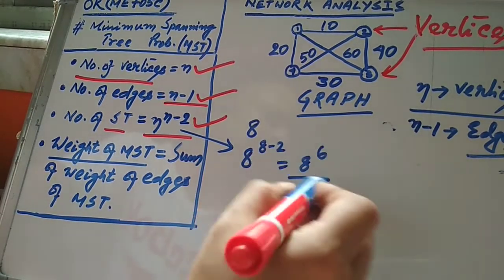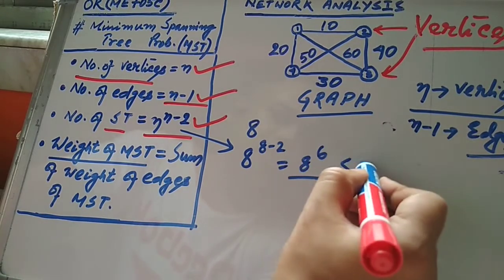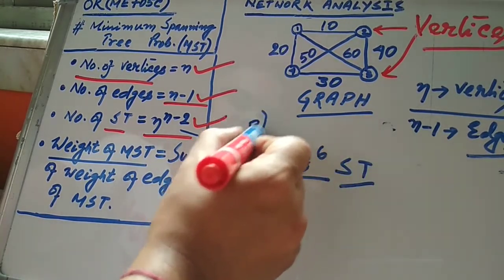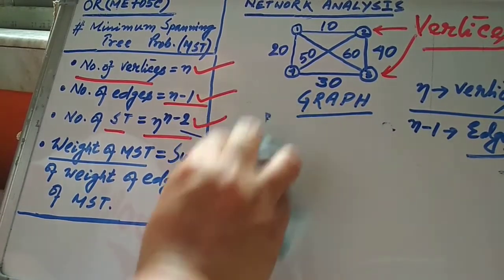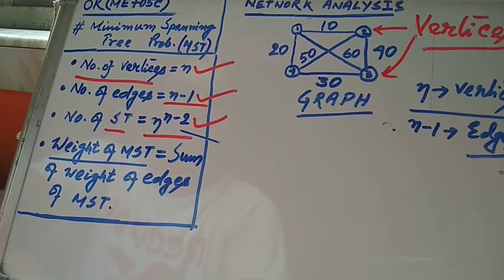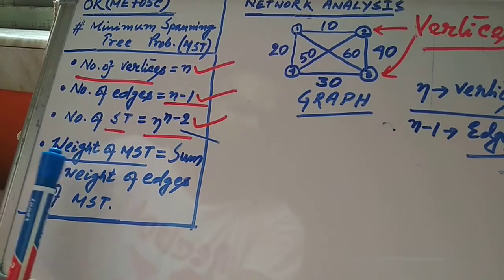So 8 to the power 6 possible spanning trees are coming out if you have a network of 8 vertices. Is it clear?